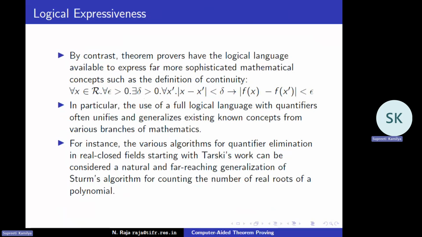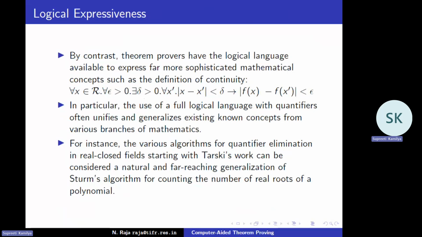So, for example, as an instance of generalizing and unifying various notions from mathematics, if you look at quantifier elimination in real closed fields, starting with Alfred Tarski's work, you can show that it's a natural and far-reaching generalization of what's called Sturm's algorithm for counting real roots of a polynomial.